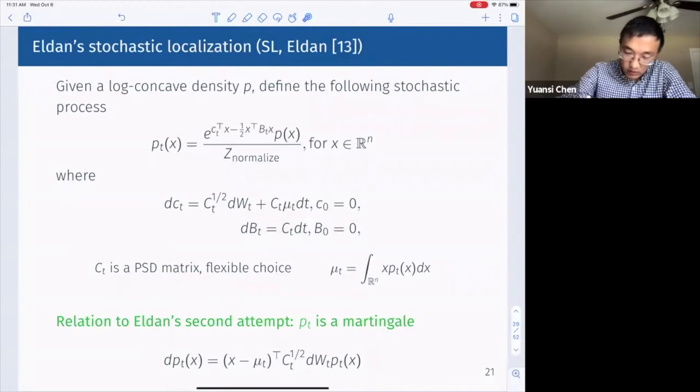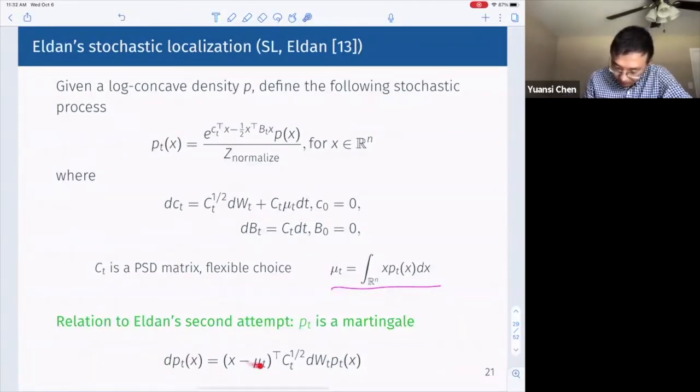Here mu t is the mean of the density at time t, and then mu t, x minus mu t transpose ct 1/2 dwt pt x.